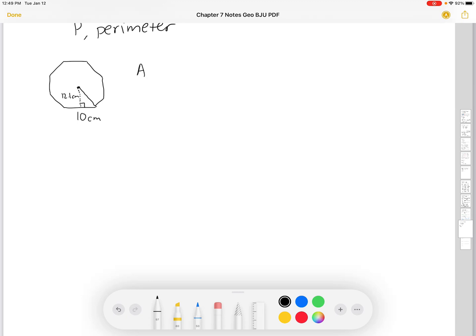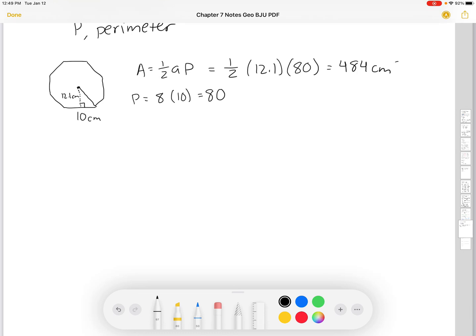So my area formula would be 1/2 apothem times the perimeter. I'm given the apothem. I'll need to solve for the perimeter first. Well, there's 8 sides, and they're each 10 centimeters, so that would be 80 centimeters. And now I can plug it in. 1/2 apothem times the perimeter. And I can plug that into my calculator to find my area is 484 centimeters squared.